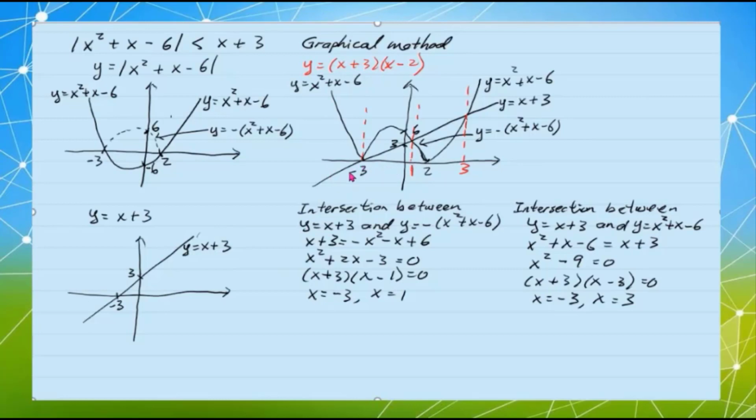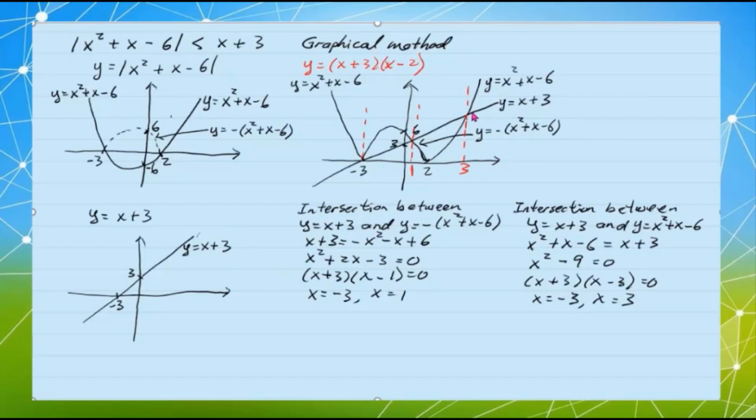For the section from negative 3 up to 1, the curve is above the straight line. So this is also not the section that we are going to take. Now for the third section, we found that the straight line is above the curve. So this is the section that we are going to take as the answer.